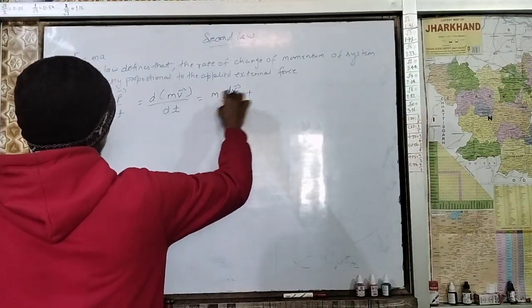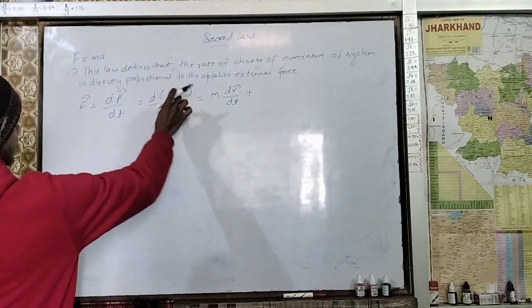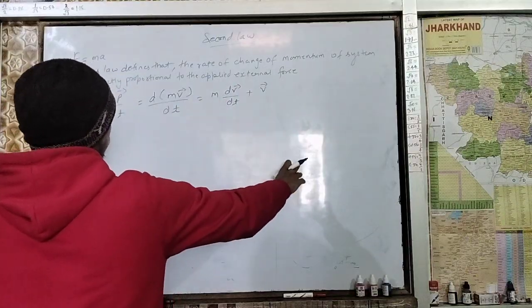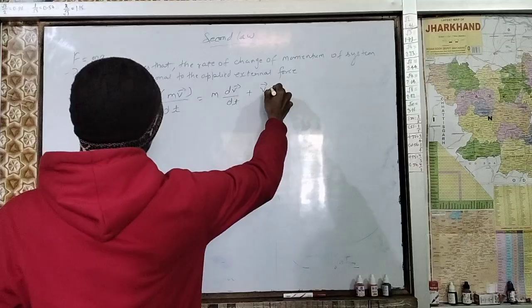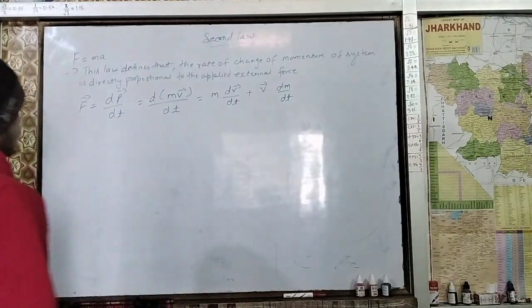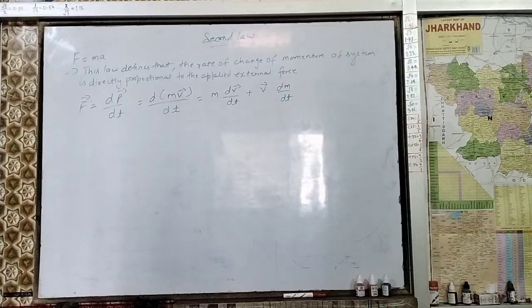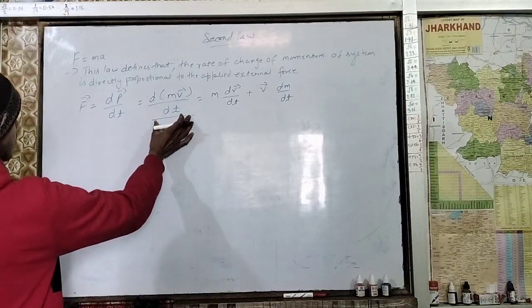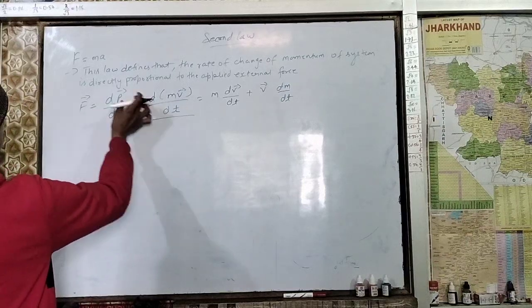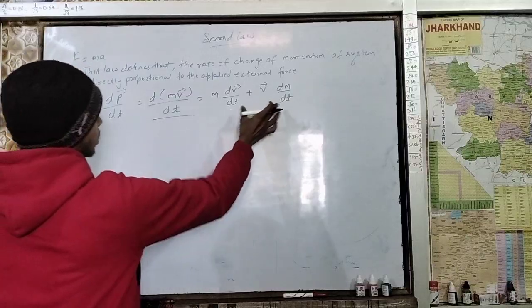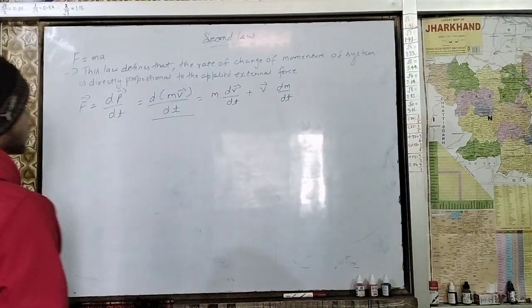Then plus, it is a multiplication, now v will be outside, dm upon dt. m is not a vector.